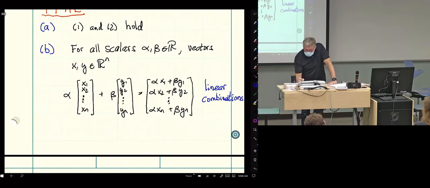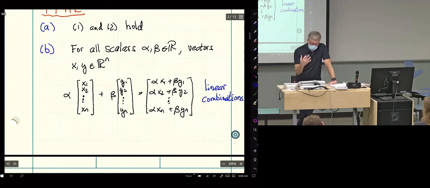So linear combinations, if I take alpha equals 1, beta equals 1, I'm doing vector addition. And if I take beta equals 0, I'm doing scalar times vector multiplication. So this is linear combination. It's just combining the two elementary operations of vector addition and scalar times vector multiplication.